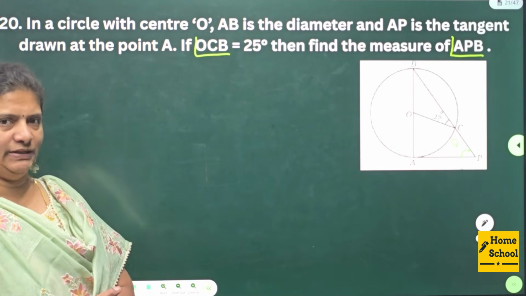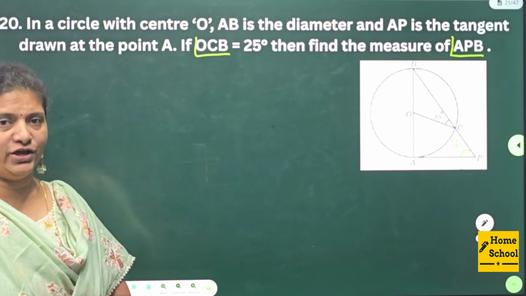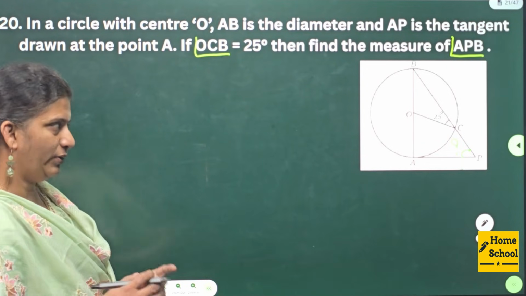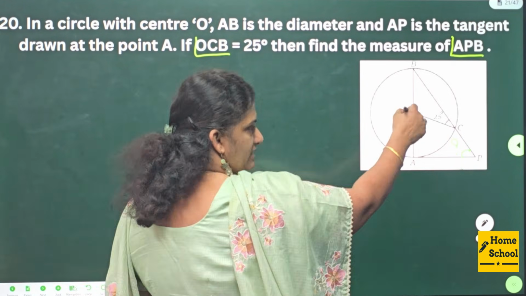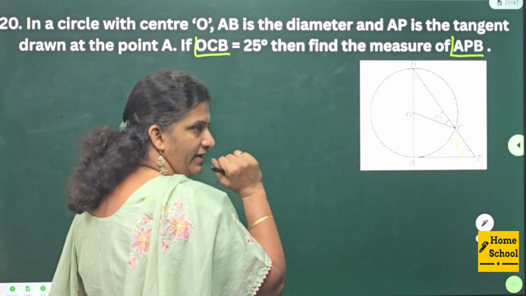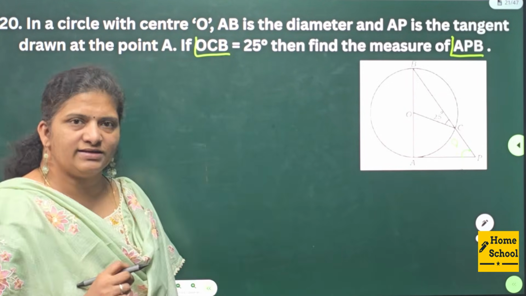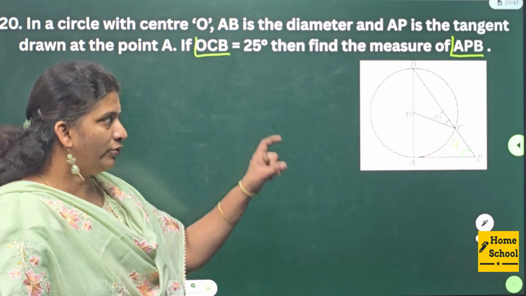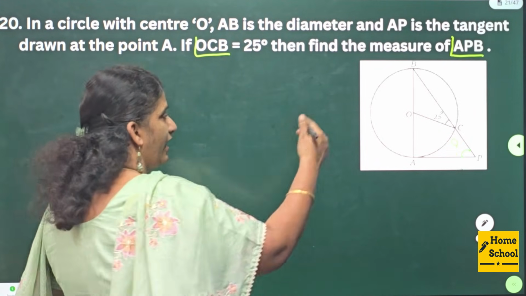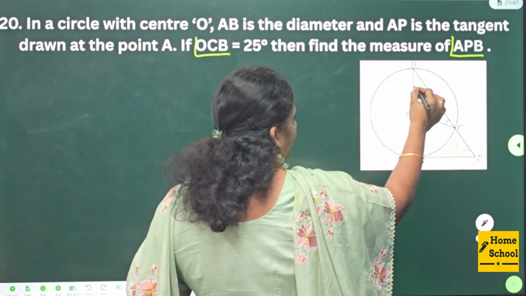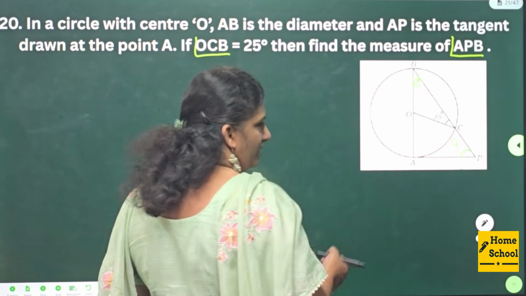Problem is very simple. By seeing the figure you can answer. How? Look here. We know OB is a radius, OC is also a radius. Then this triangle is an isosceles triangle. Two radii will be equal. Then their opposite angles will be equal. Then angle B is how much?